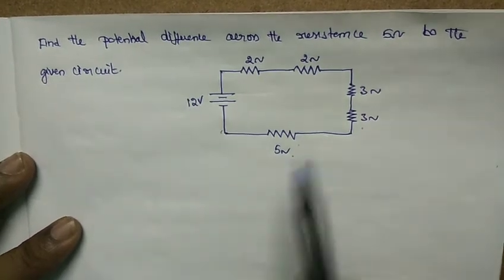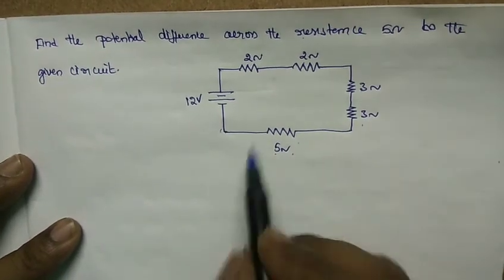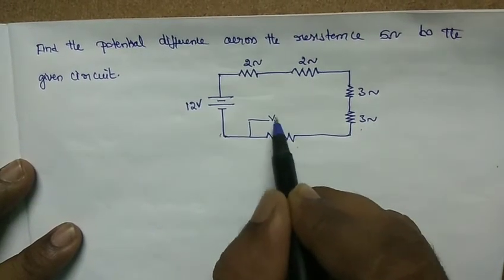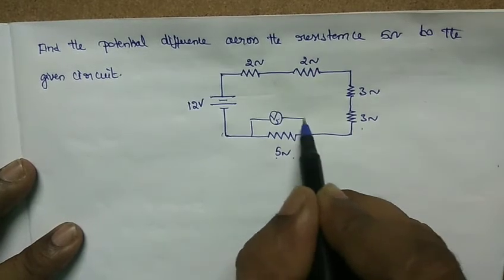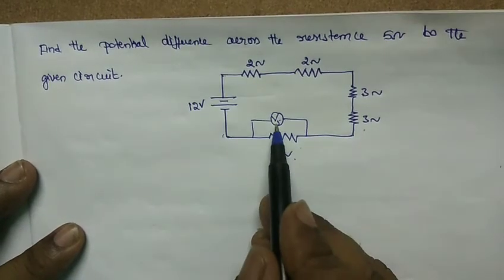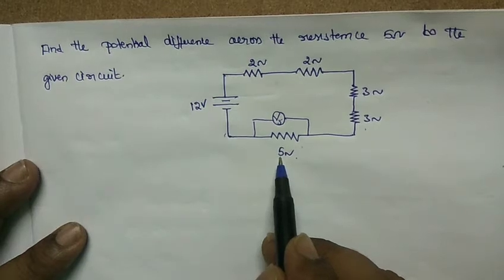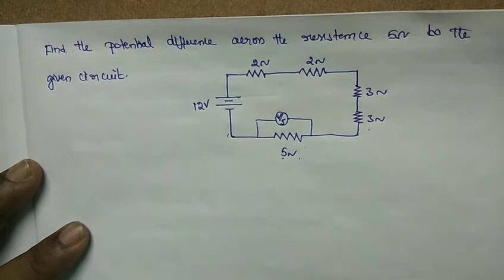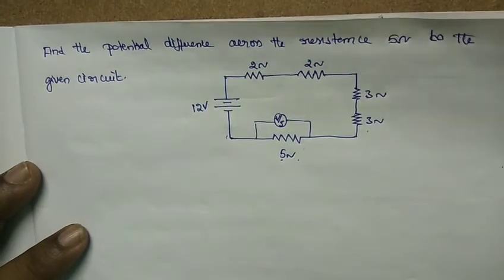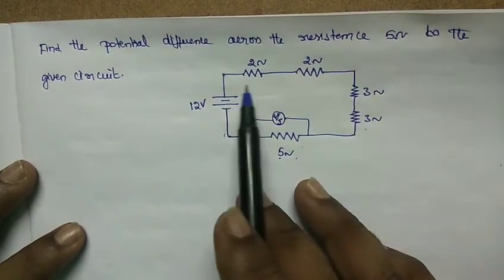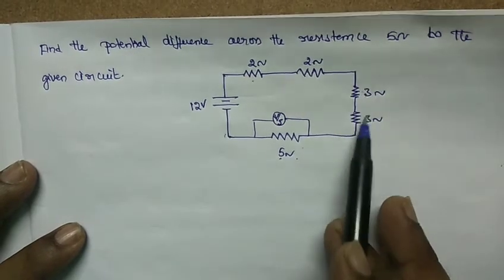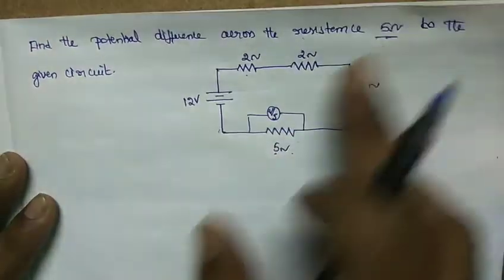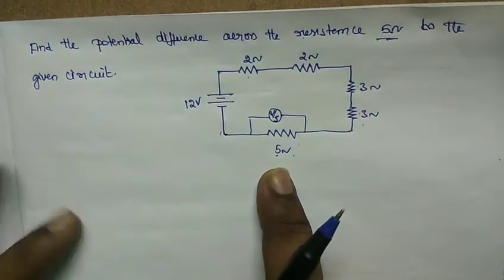We have to find the potential difference across the 5 ohms, that means V5. We don't need to find V1, V2, V3, V4 like before. We only need the potential difference across the 5 ohm resistance in this circuit.